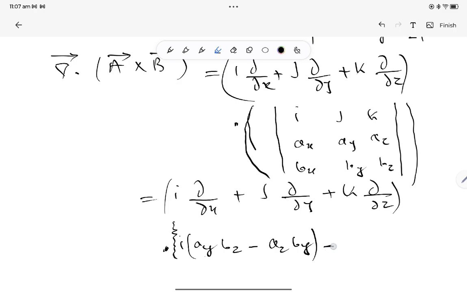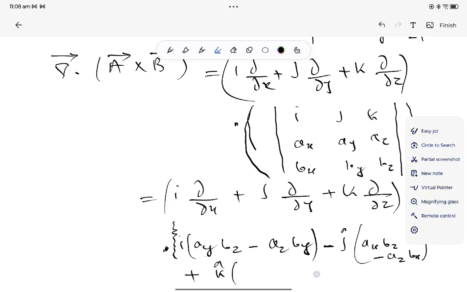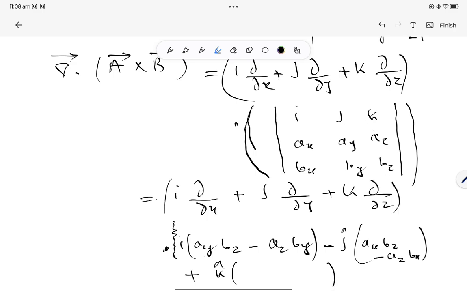Then I have another term, that is minus j cap into (Ax Bz minus Az Bx), and then lastly plus k cap, that is (Ax By minus Ay Bx).